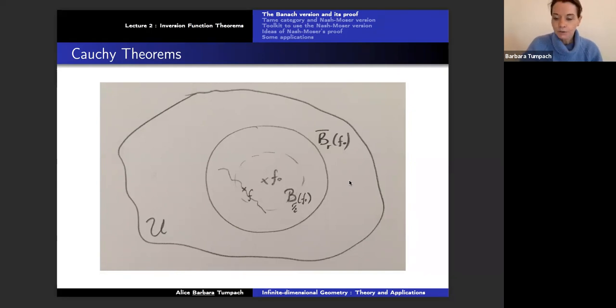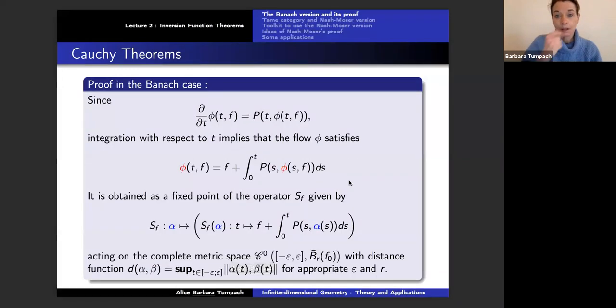Okay, so how do we prove this Cauchy theorem? So we have an equation. The Cauchy equation is that the derivative of the flow is equal to the vector field at time t and at the point given by the flow.